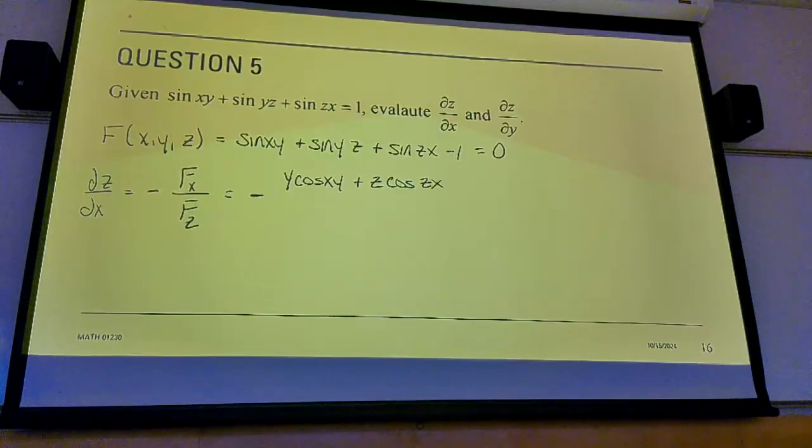What is f sub z? y cosine yz plus x cosine zx. So there's your partial z partial x. I'll let you verify it algebraically.